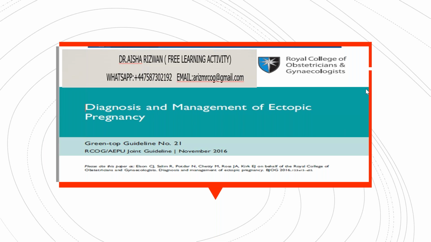So what do you think? What are the contraindications? You can always write in the chat box. Okay. No, this is not a contraindication. Okay, let's talk about the contraindications.